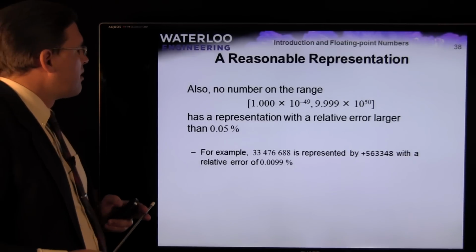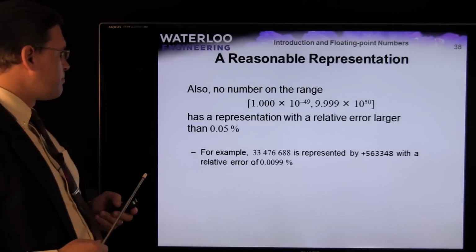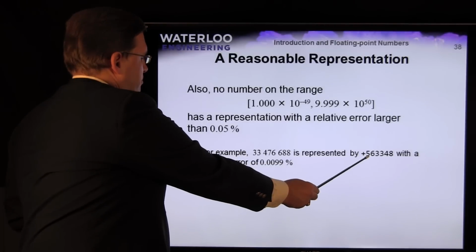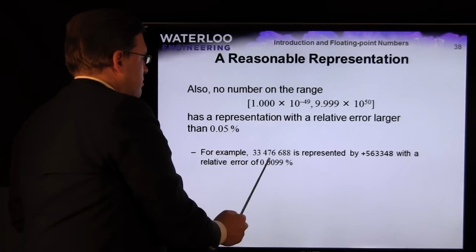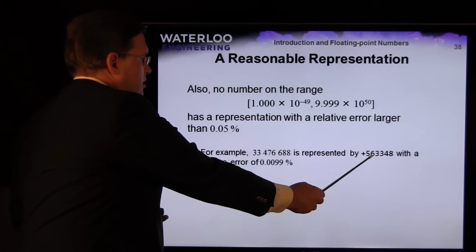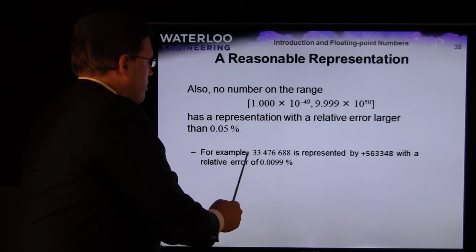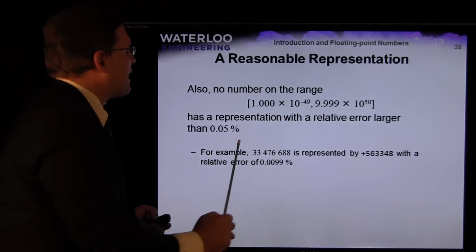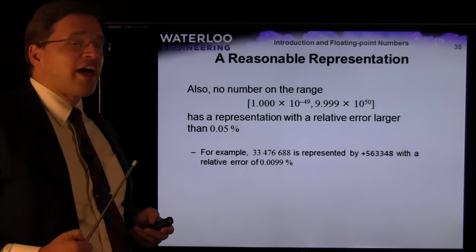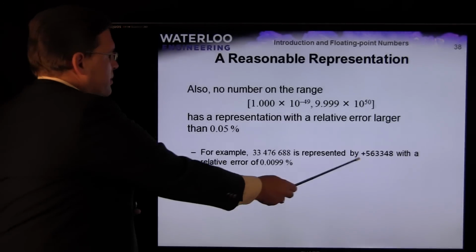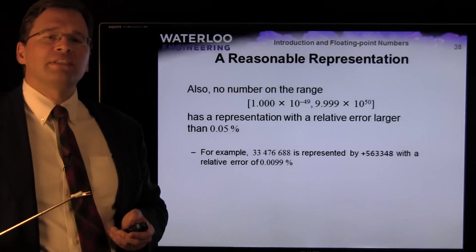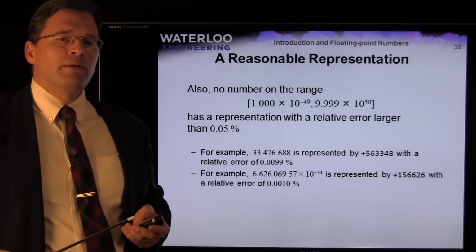For example, the population of Canada a few years ago on the census can be represented by 56 3348, because it's times 10 to the 7. We round up to 3.348. The relative error of that representation of this number is less than 0.01%.